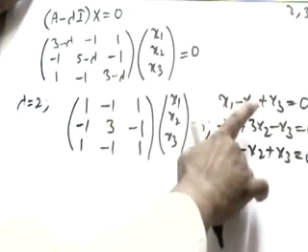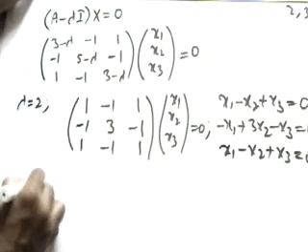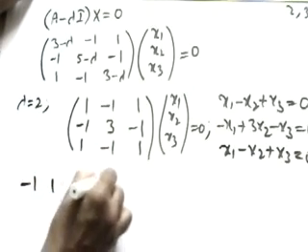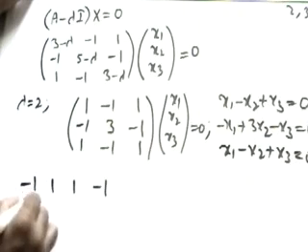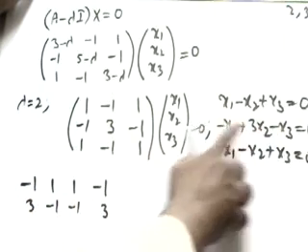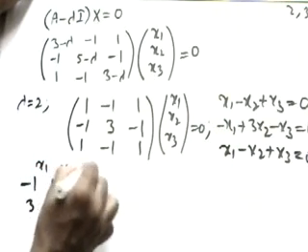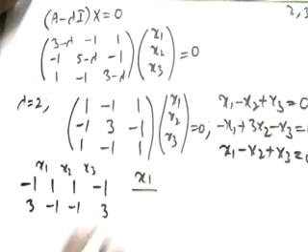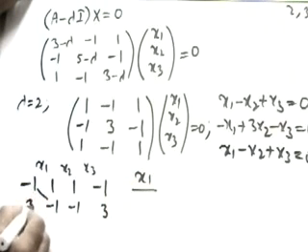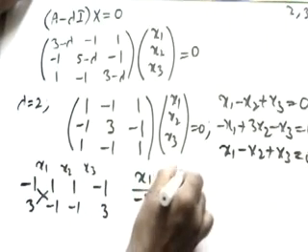Start from the middle. Minus 1 1 1 minus 1, minus 1 1 1 minus 1. Here is 3 minus 1 minus 1 3, 3 minus 1 minus 1 3. Here x1 x2 x3. So x1 divided by minus 2 minus plus 1, 1 minus 3, 1 minus 3 minus 2.